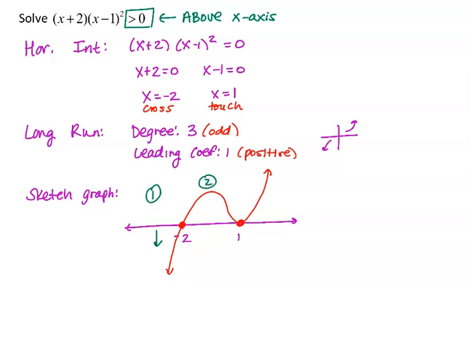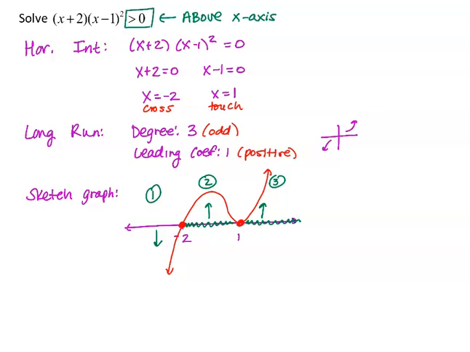Here in the middle in section number 2, it's up above the x-axis. And here in section number 3, it's also up above. So we're interested in those parts that are above. In between negative 2 and 1, it's above. And from 1 forever off to the right, from 1 to infinity, it's up above.